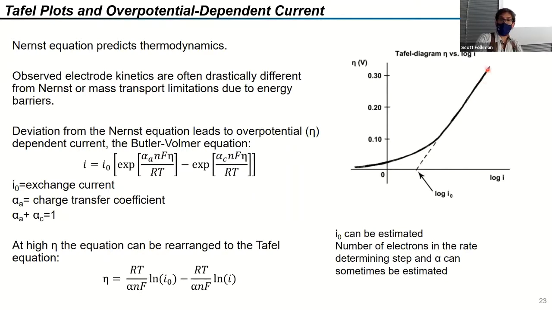But in any case, an overpotential versus log of current plot of different catalysts can be very informing in terms of inherent catalyst activity and can give you clues as to the electrochemical mechanism. For example, if the rate determining step is 1 electron or 2 electrons, or probably not 3 electrons. It's typically 1 or 2.